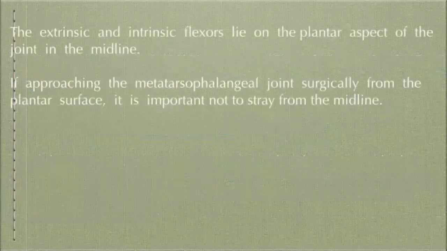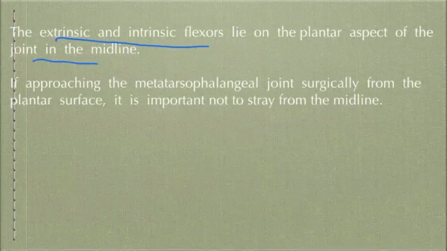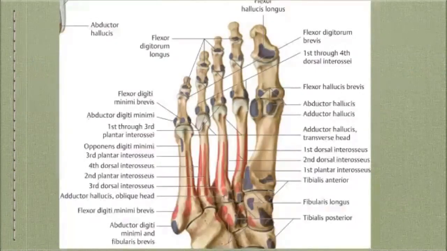The extrinsic and intrinsic flexors lie on the plantar aspect of the joint in the midline. Approaching the metatarsophalangeal joint surgically from the plantar surface, it is important not to stray from the midline. These are the attachments, all the tendons I have included for you.